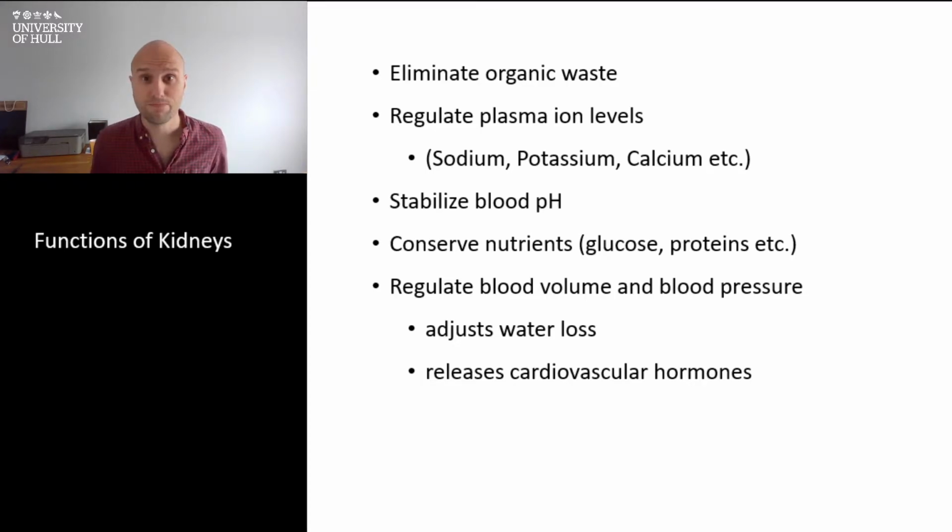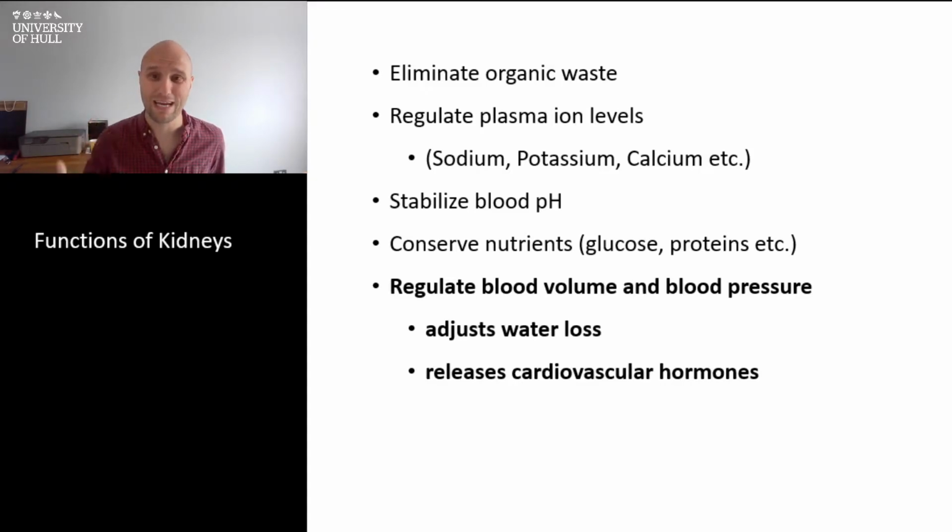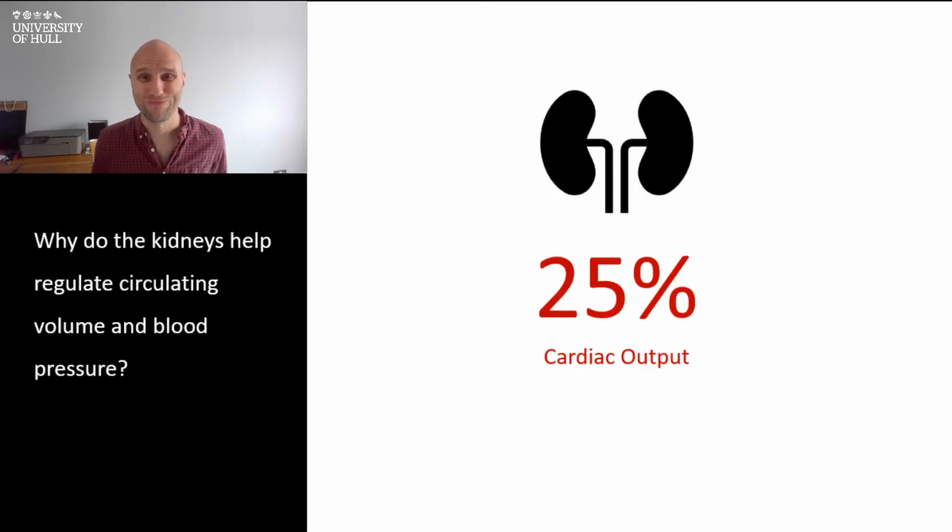And finally, and most importantly for this particular topic, we're going to be thinking about how it regulates the blood volume and blood pressure. It does that by adjusting the water that is excreted, and also by interacting with other organs and tissues within the body by releasing hormones, principally renin and aldosterone, but we'll get to that in another tutorial.